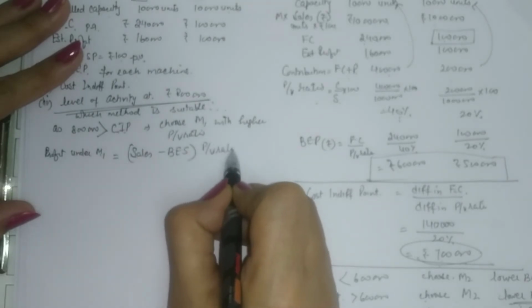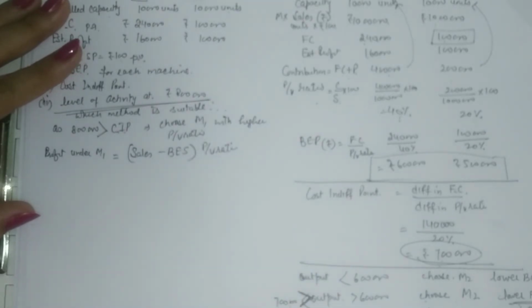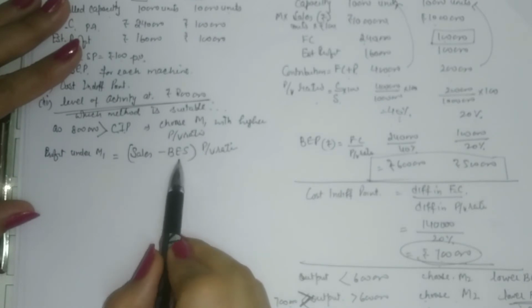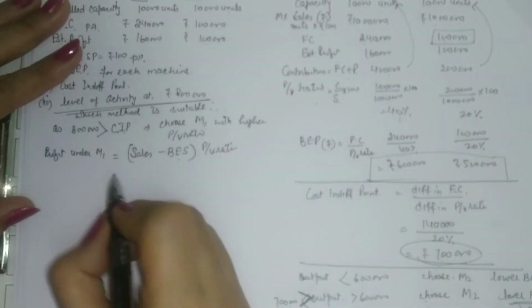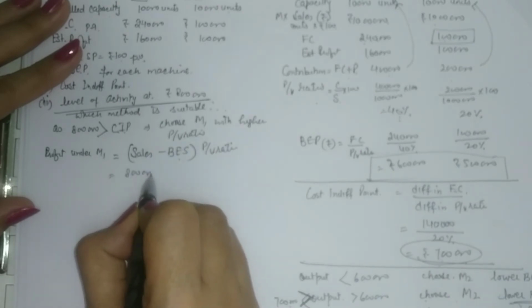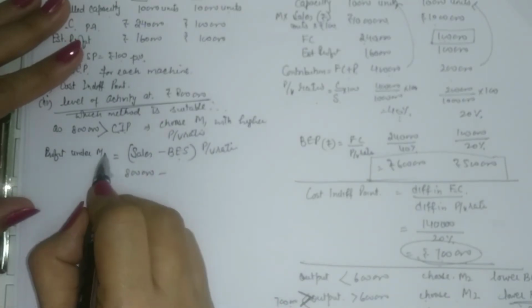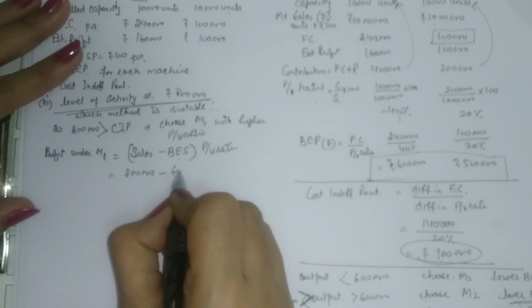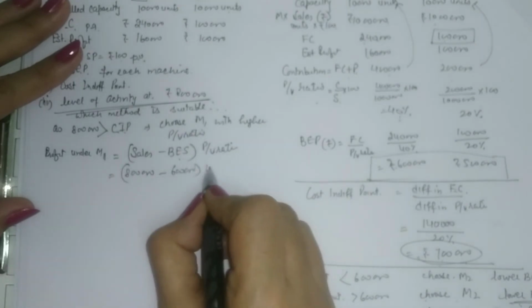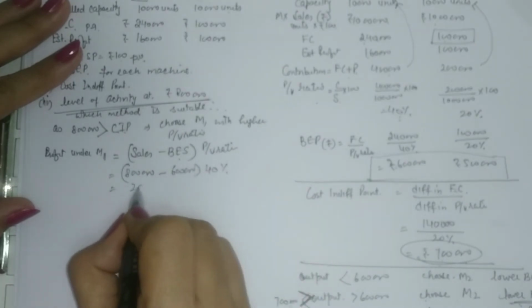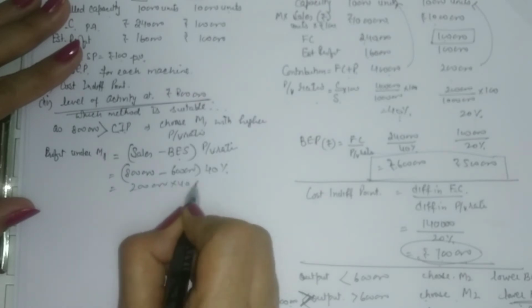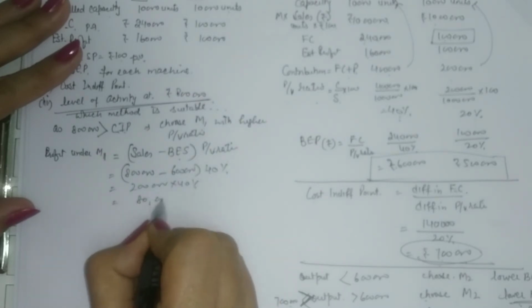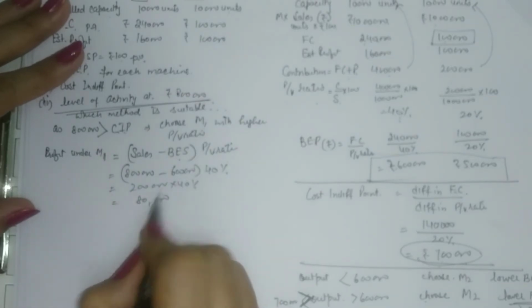This is a simple formula to calculate profit at any activity level, because at the break-even point you have covered both the costs, so above this you will have pure profit. So your sale is 8 lakh, and for machine 1 the break-even point is 6 lakh. PV ratio is 40%, so 2 lakh into 40% is 80,000. So you will be making this much profit.